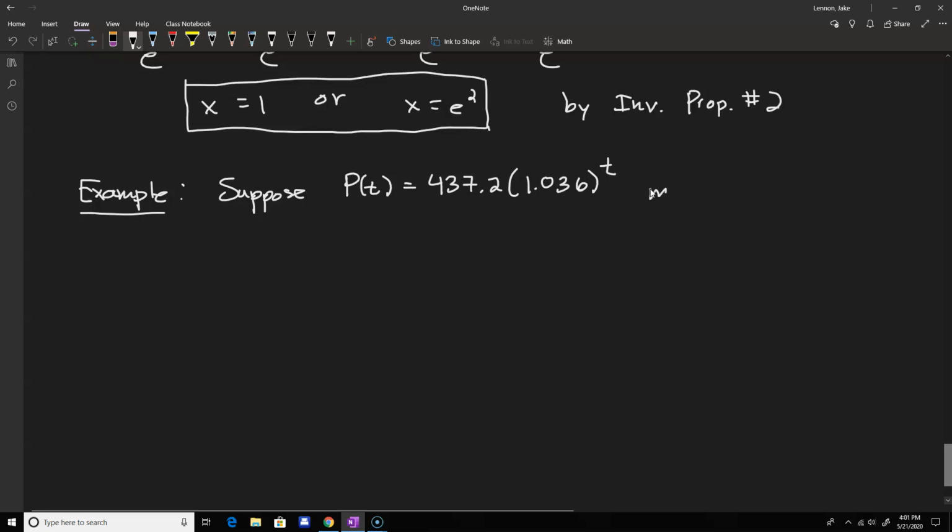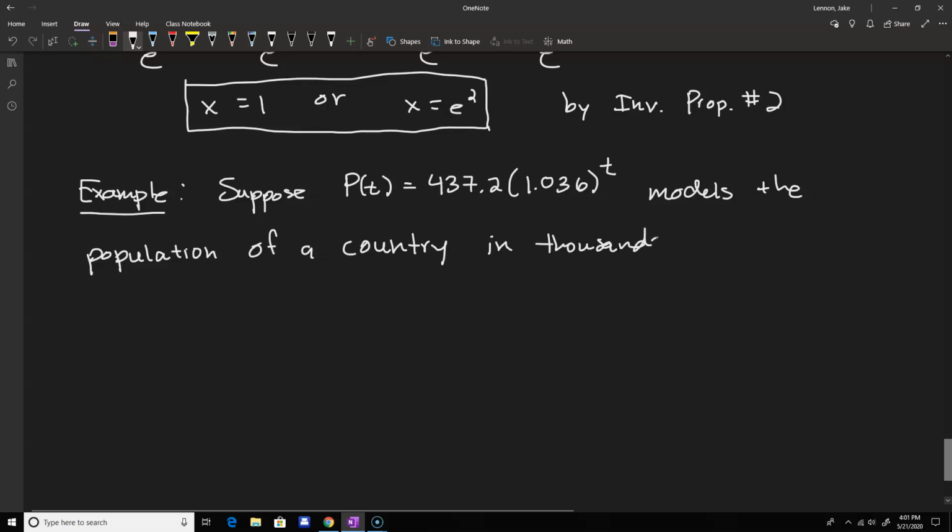And let's suppose this models the population of a county, in thousands of people. I actually just looked at my notes, and I believe this is for a county, not a country. So let's say county. It doesn't really matter.